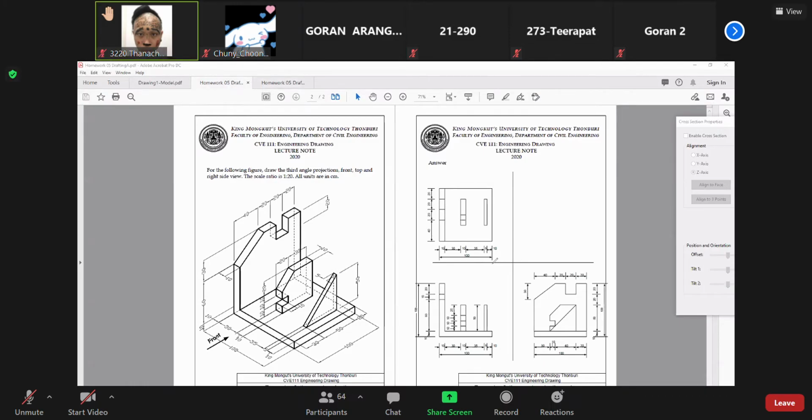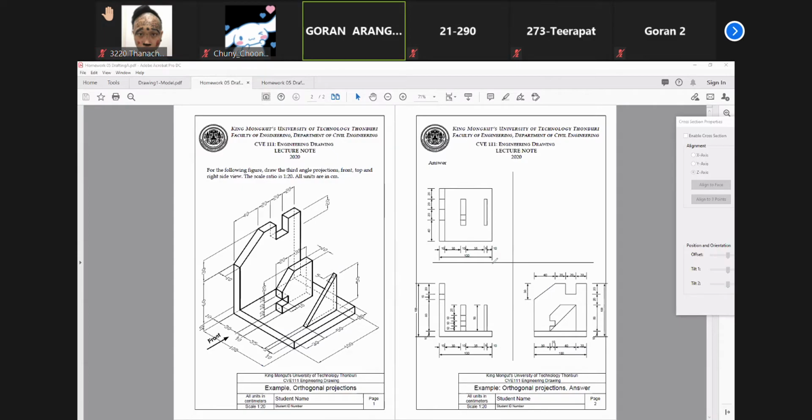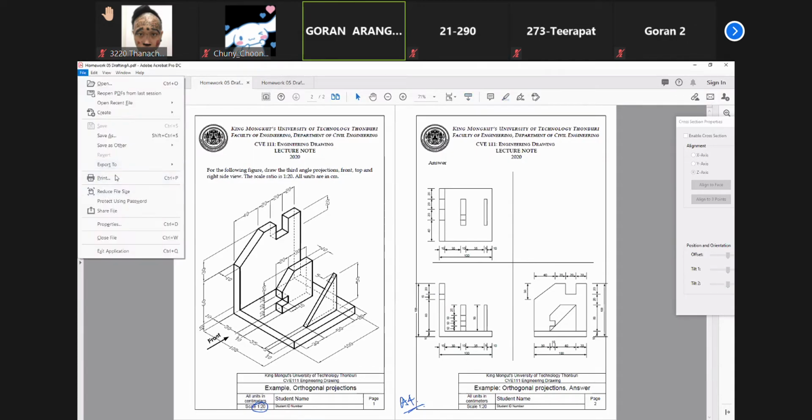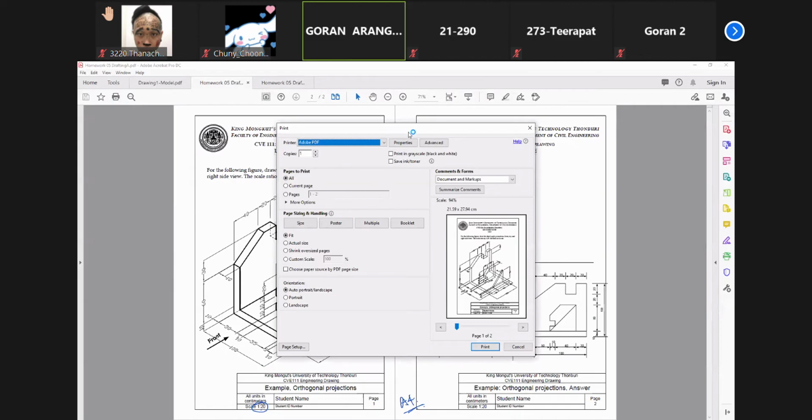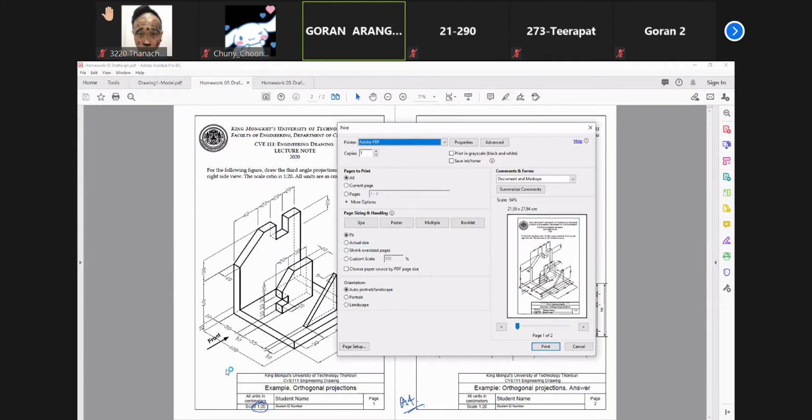Everything must be drawn in the given scale. As you can see, the scale is given 1 to 20. So if you print, this is A4 size paper. This is the real one. And if you print it out without scaling, bear in mind that depending on your settings in Adobe Acrobat, usually you will find that the settings are set to print to fit.